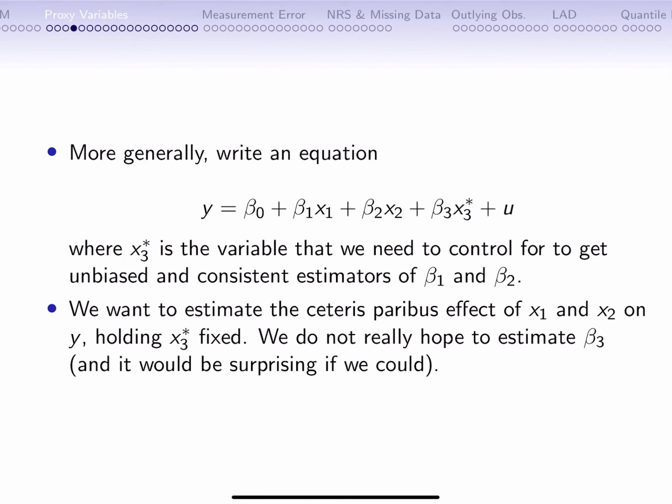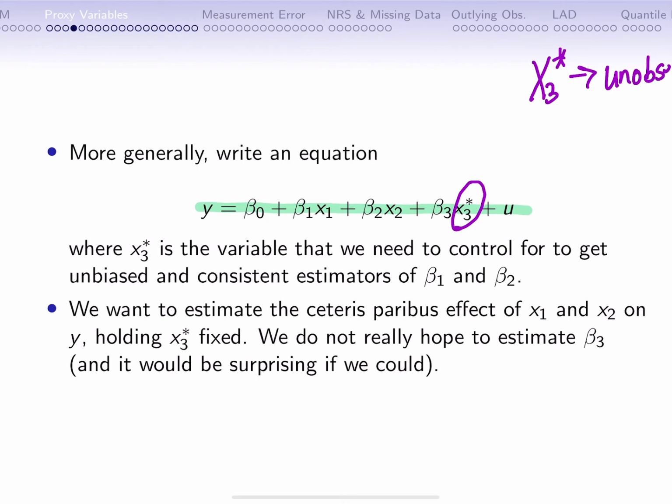So let's try to understand how we generally think of an unobserved variable in our multiple linear regression. Here, this is a pretty standard regression, but you note that there's an asterisk on x3. So x3 star, the star is indicating that this is something that is unobserved. Okay, and in this case, we're saying our x3 star is ability.